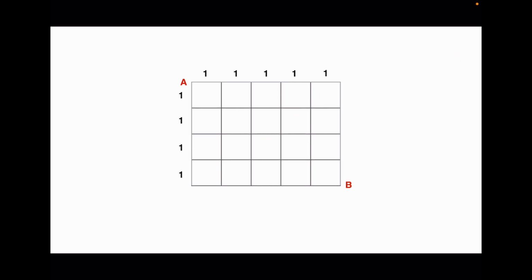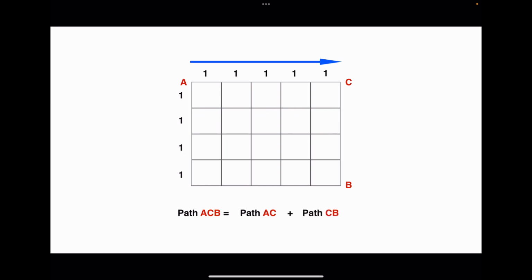So visualize our grid. And there can be many shortest paths that take us from point A to point B. For simplicity, let's consider the top right hand corner of this grid as point C. And in the first case, we want to go from point A to point B by taking the path ACB, which is nothing but path AC, moving us from left to right, and path CB, moving from top to bottom.